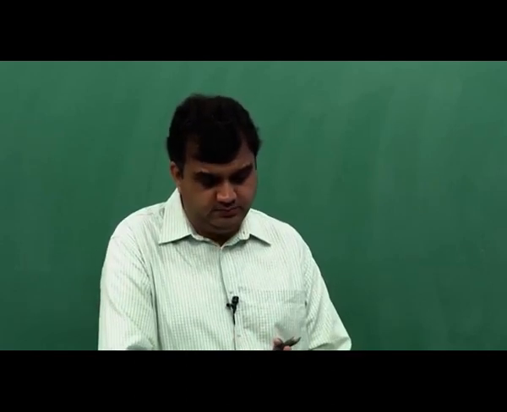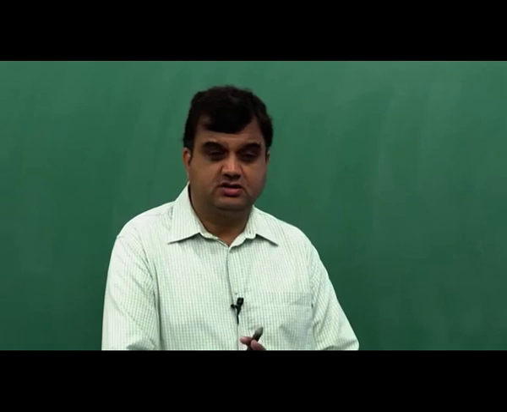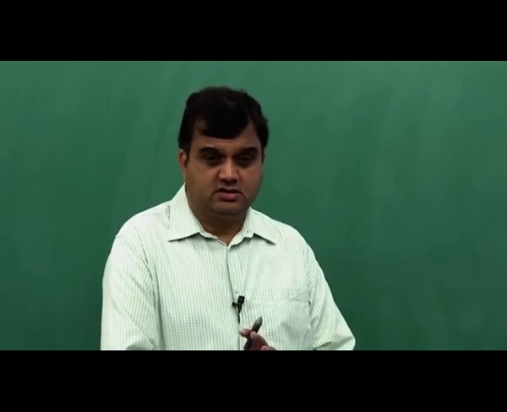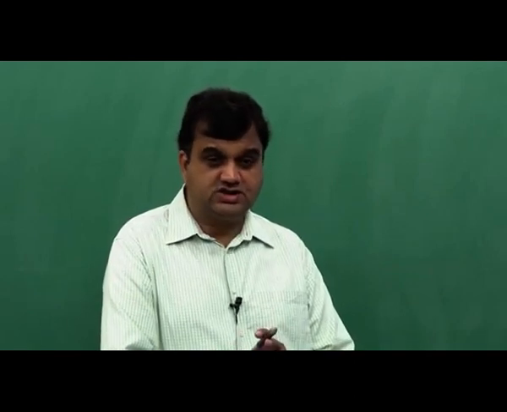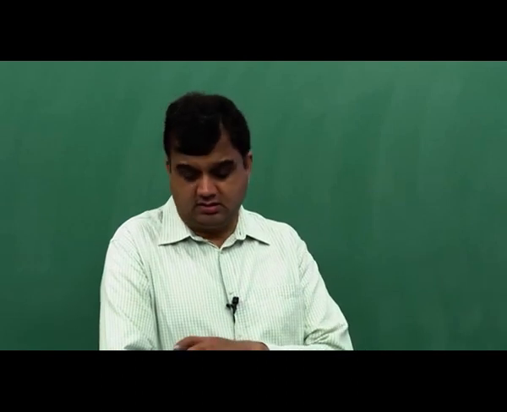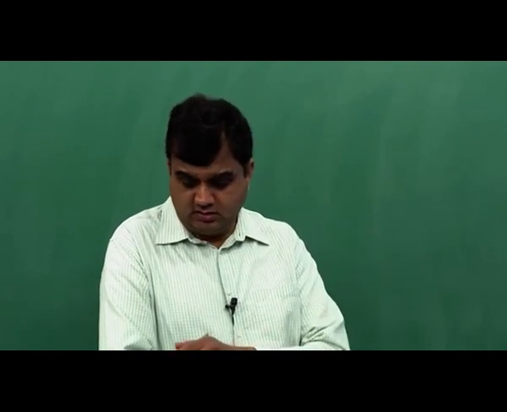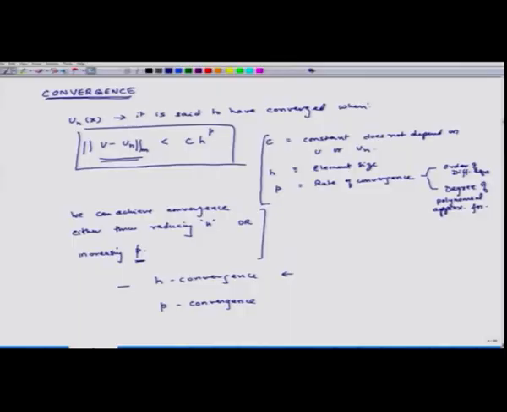So here the mesh is not changing, the discretization of the domain does not change, but what is changing is the value of p, by increasing the degree of the polynomial approximation functions. In reality, we sometimes do both, we increase h and we also increase p, we can have a mixture, but these are two fundamental approaches of convergence, h convergence and p convergence.